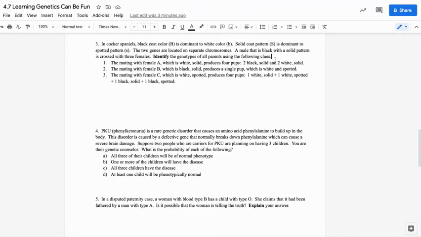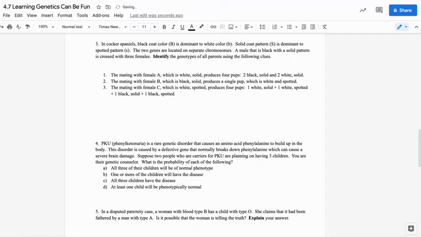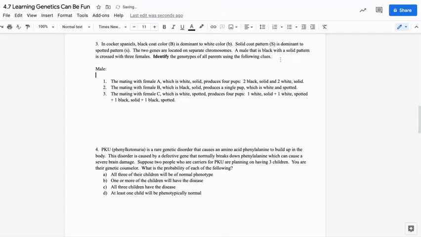Let's figure out what we know. So we know that the male, according to the description, is black with solid pattern. So what does that mean in terms of genes? Black is dominant. They didn't tell if it was homozygous or heterozygous, so we don't know, but if it's black, we know there's at least one dominant allele.